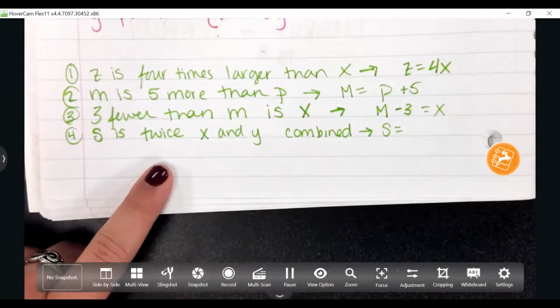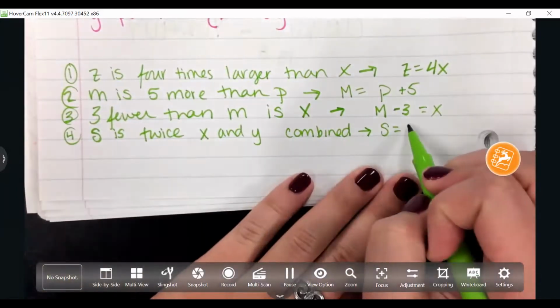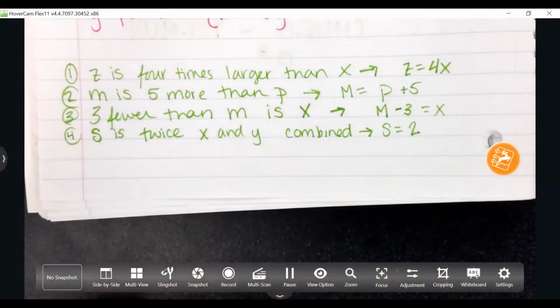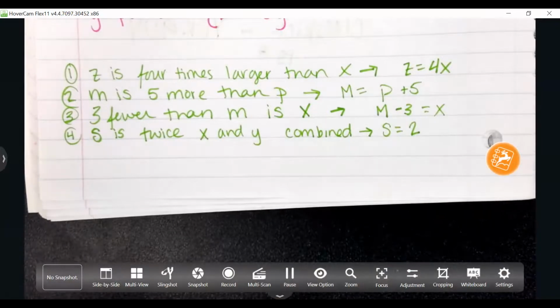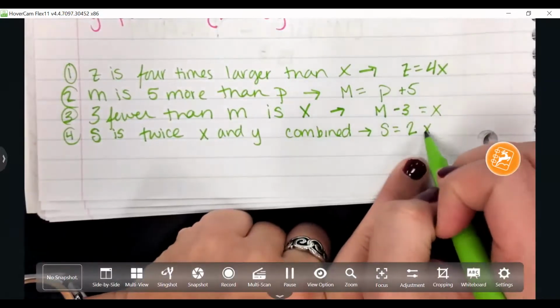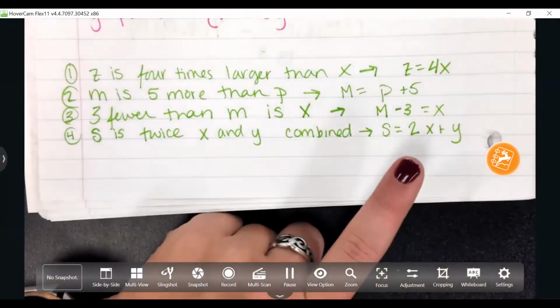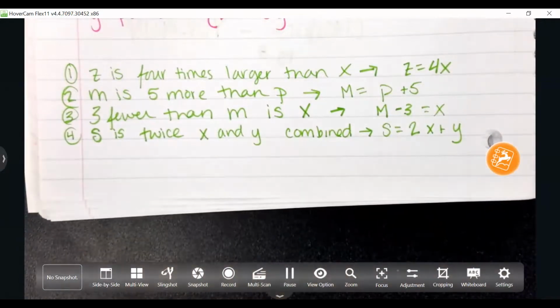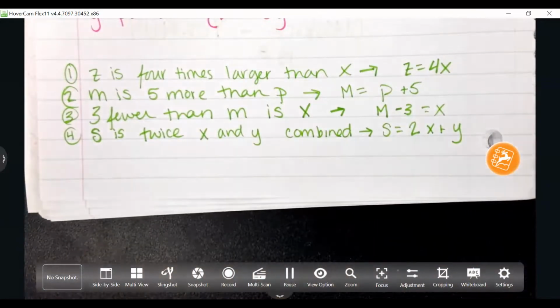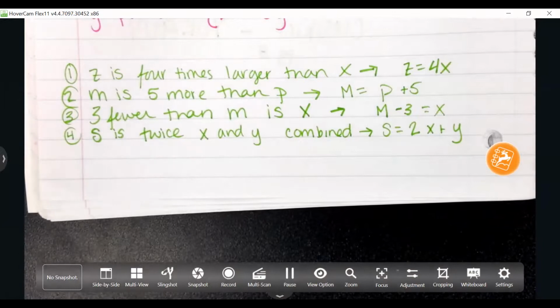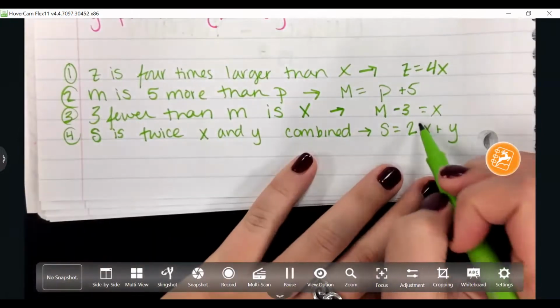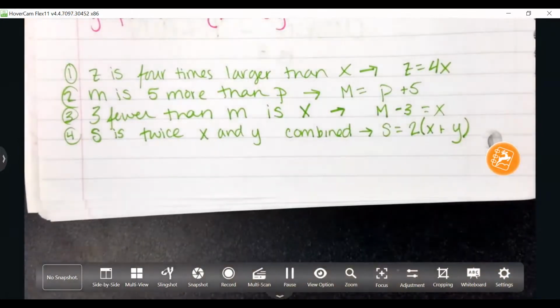Multiplying by what? 2. So I know I'm going to have to multiply by 2. What am I multiplying by 2? X plus Y. Does that say 2 times X plus Y? No, I need parentheses. What word in there told you you needed parentheses? Combined. They have to be together before I can twice or double them.